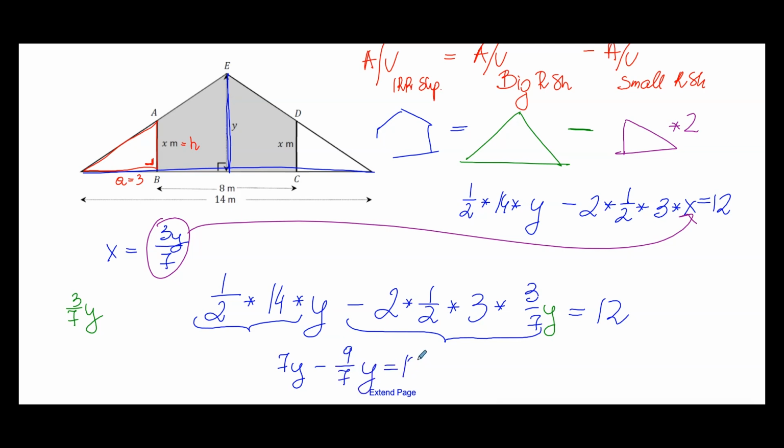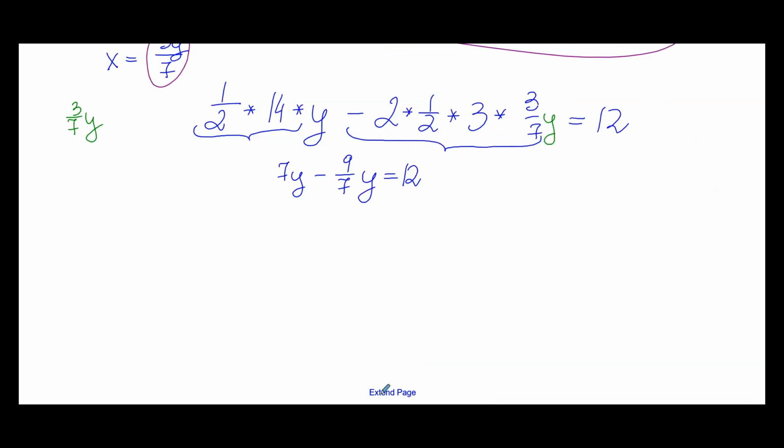And then let's not forget it's still equal to 12. So what do we do next? Well, I want the value of y, isn't it? So this number and this number can be added together. So I put 7 minus 9 over 7 in my calculator, and I get that that is 40 over 7y.